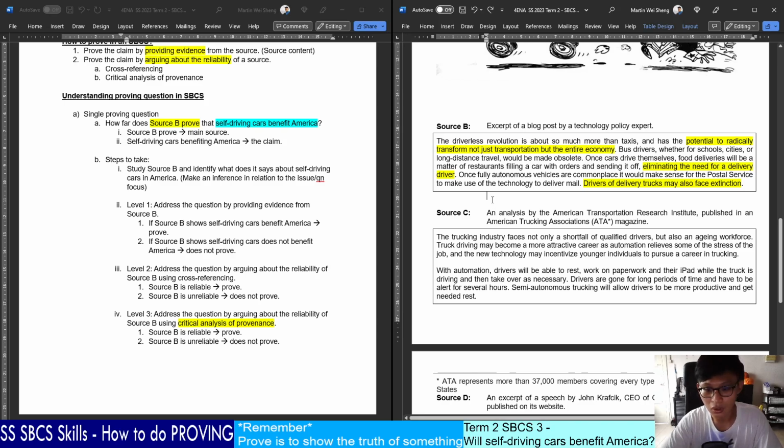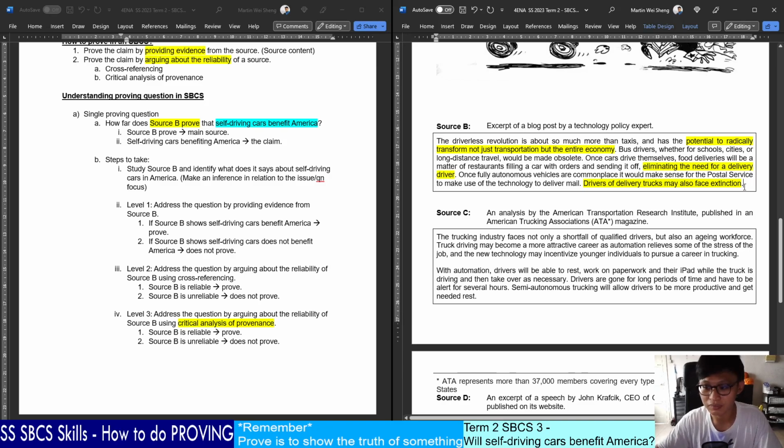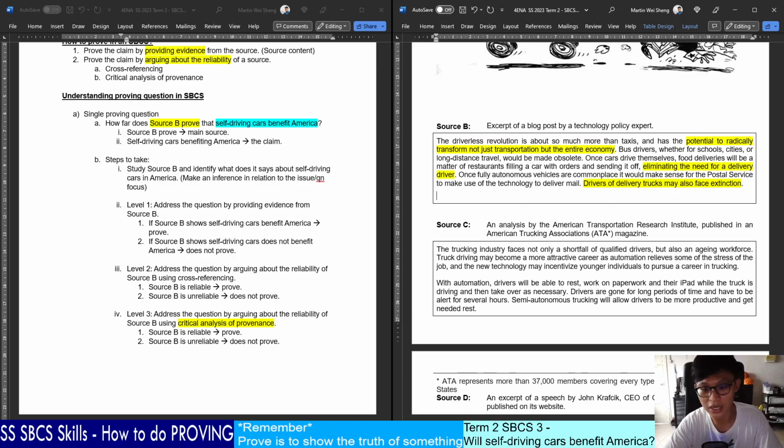So over here, what is this source trying to say? It's actually trying to tell us that self-driving car will not benefit America. Now why do I say that?